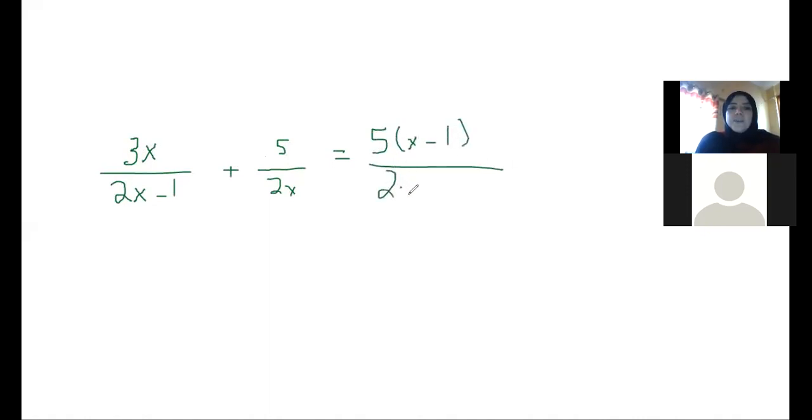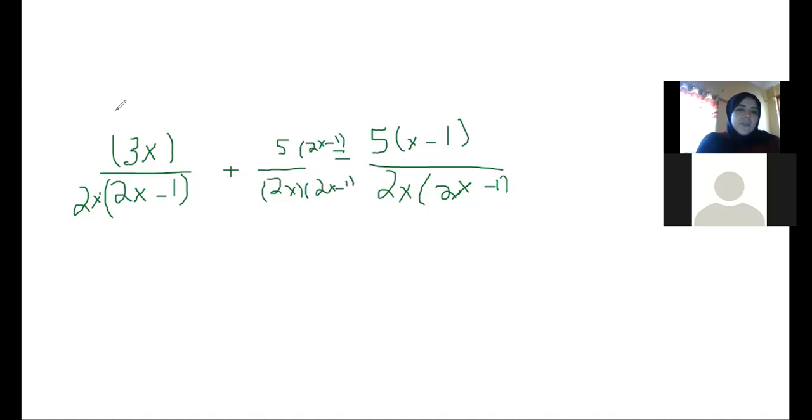Okay, so we said that we have to multiply the first fraction by what? By 2x. Very good. And the second fraction by 2x minus 1. Very good. So here I'm going to have 2x, and here I'm going to have 2x minus 1. The same thing in the numerator, 2x minus 1 here and 2x.